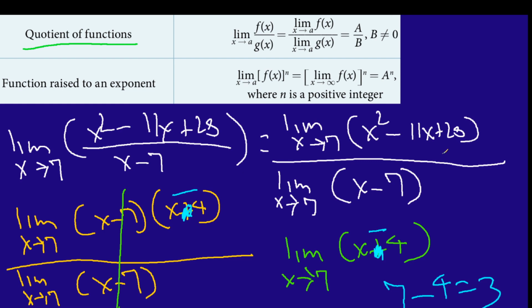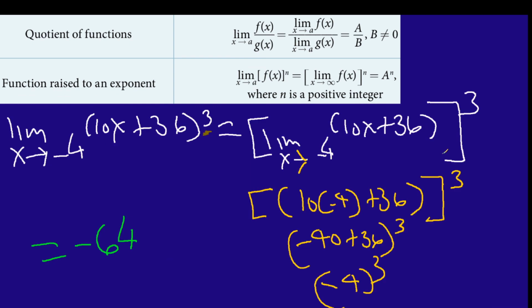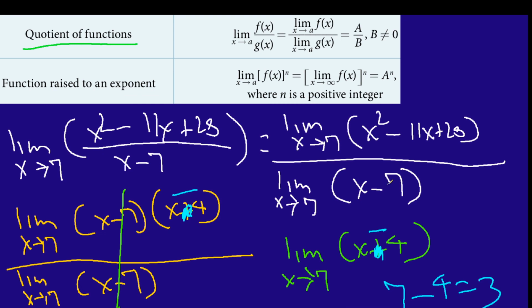So let me just review what we talked about and wrap up. In this video, we talked about two additional tools for dealing with limits of functions algebraically: the exponent rule and the quotient of functions rule. The exponent rule is that when you have a function with an exponent, you just put it on the outside of everything, and then you solve everything algebraically.